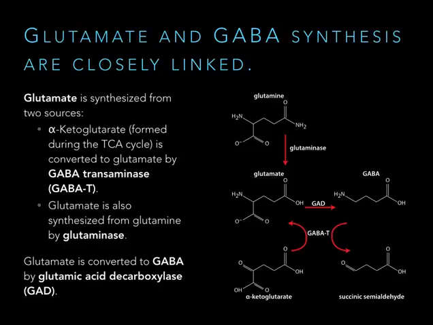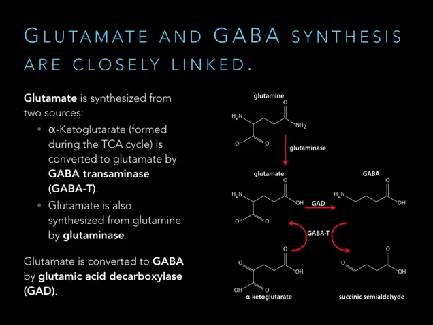Since we don't transport glutamate across the blood-brain barrier, we have to synthesize it from either glutamine or alpha-ketoglutarate. Glutamine is used to make glutamate in a single-step reaction. The enzyme glutaminase will convert glutamine to glutamate. There's also GABA transaminase, which can be used to convert alpha-ketoglutarate to glutamate.